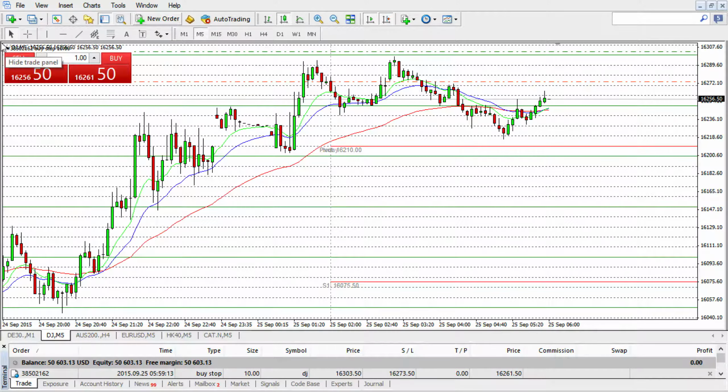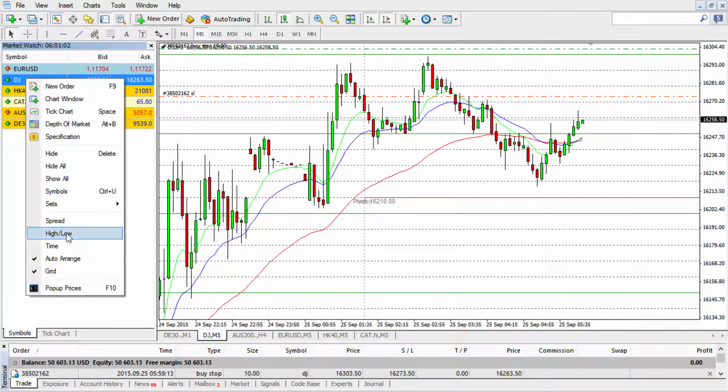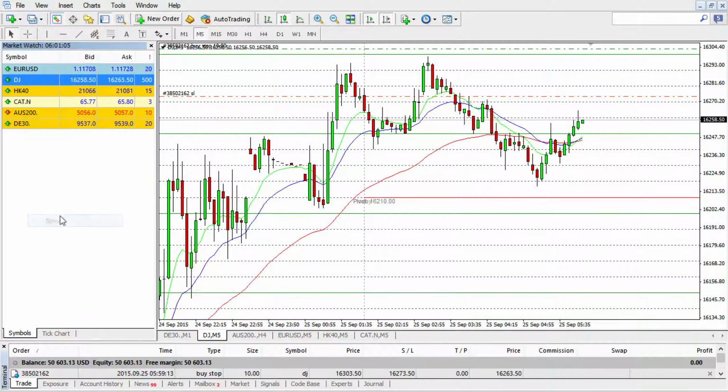And another way to find out what the spread is, you can go to Market Watch, go to your symbol. I mean, no, that's not the one, that's the Dow Jones. You right click on that and you select spread. And now you will see on the side over here you've got new information which shows you the spread, and it says 500, so it's 5 points.